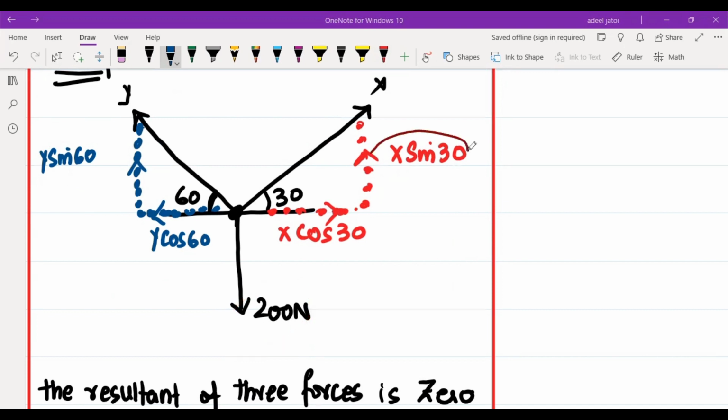So the sum of the upward forces should be equal to the sum of the downward force. Whereas there is only one force moving on the right and one force moving on the left, so the sum of the horizontal force moving on the right hand side is equal to the sum of the horizontal force moving on the left hand side.